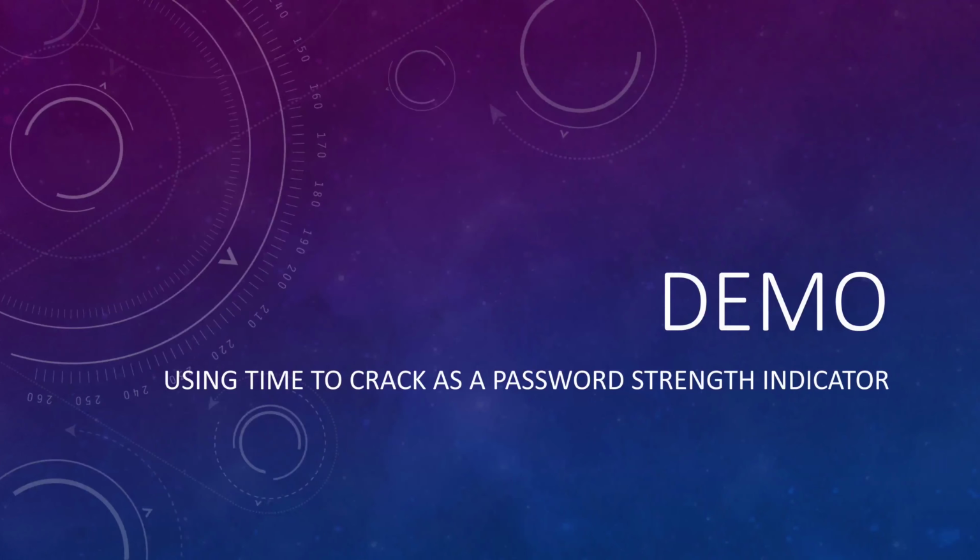Let's talk about this first demo. There's a JavaScript library, which I have linked down in the notes, that will help you determine how strong a given password is. Let me show you what that looks like.